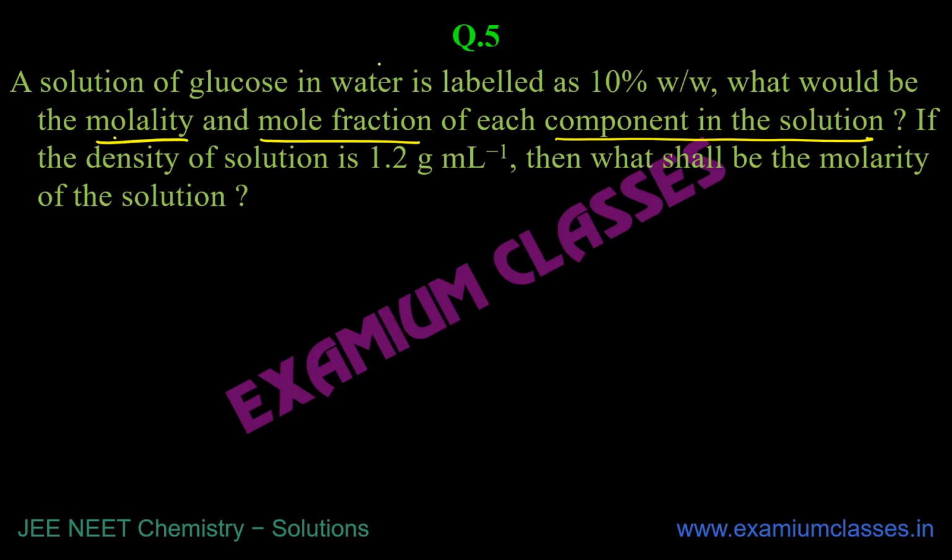The problem where students face, or I would say students make mistakes, is that molality considers the mass of solvent in kg. So if it is written 10% weight by weight, it means if you assume it is 100 grams total, then glucose will be 10 grams and water will be 90 grams, not 100 grams.